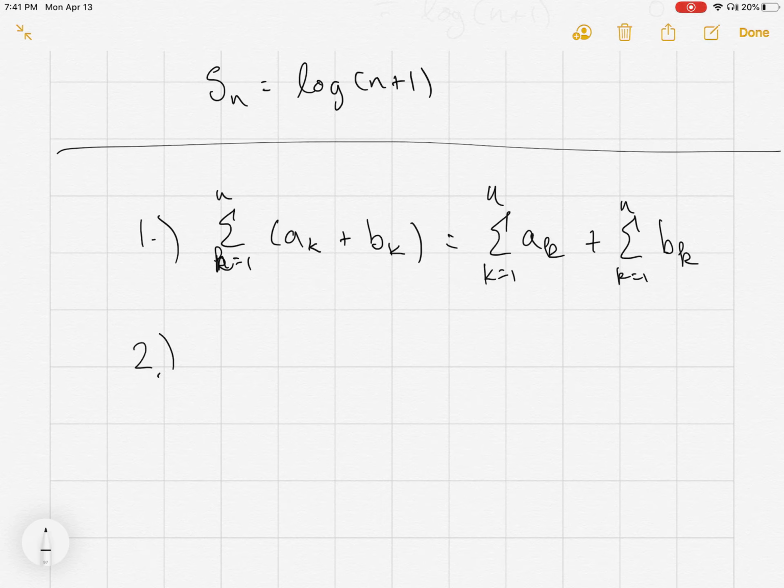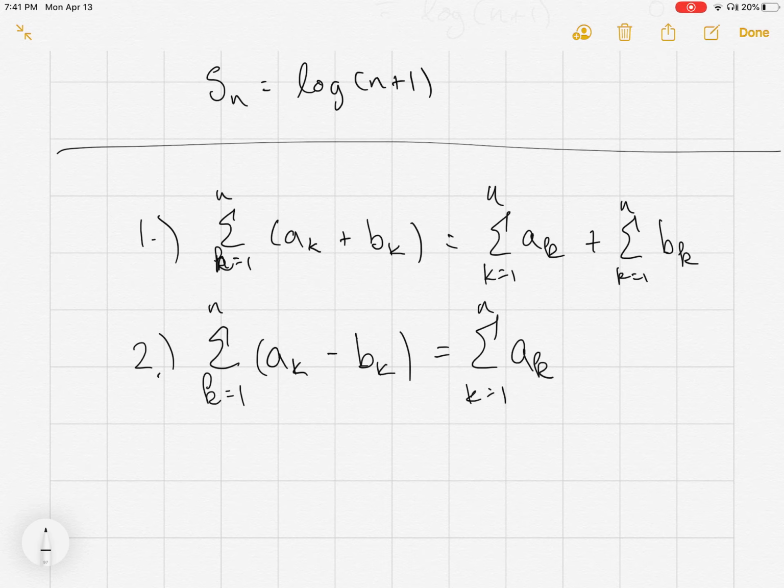Our second rule here is going to be if we have pretty much the same thing, but we're going to have the summation, excuse me, from k equals 1 to n of a sub k minus b sub k. And that's just going to be equal to the summation from k equals 1 to n of a sub k, and then we're going to subtract the summation from k equals 1 to n of b sub k.